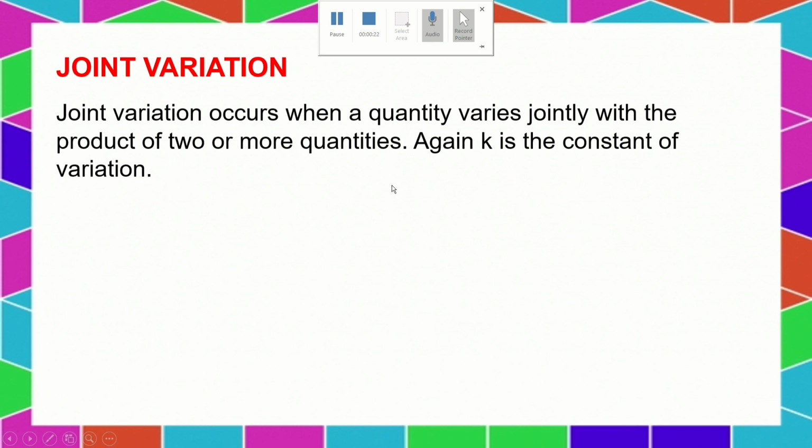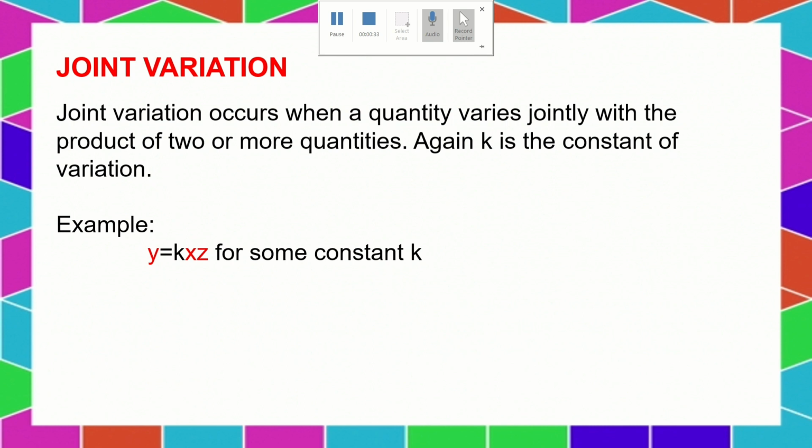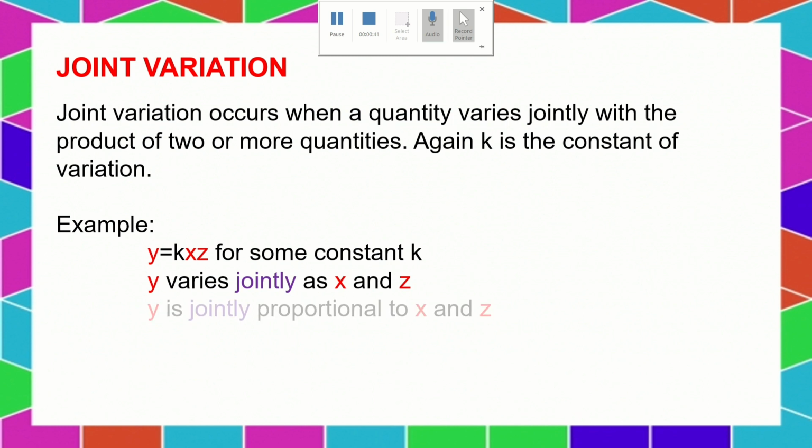Joint variation occurs when a quantity varies jointly with the product of two or more quantities. Again, k is the constant of variation. Example, we have y equals kxz for some constant k. We read this as y varies jointly as x and z, or y is jointly proportional to x and z.